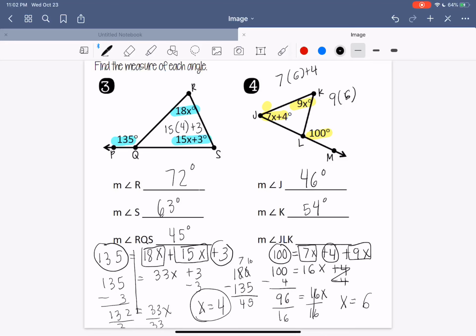So when we add those up, we get 100. And so if we get a 100 on the inside and it has to be 180, we can take 180 and subtract 100, and we get the total of 80 degrees.